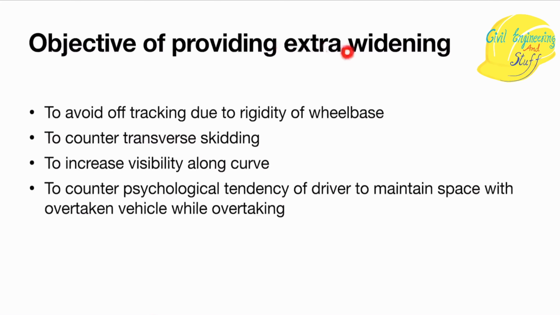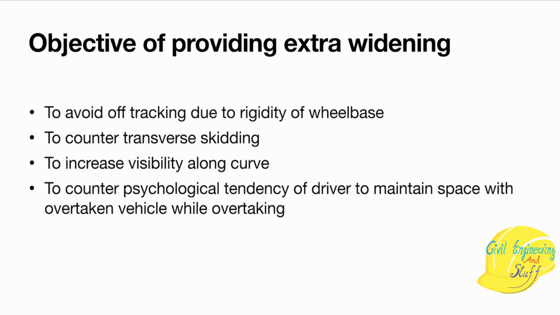So your extra widening basically has two main parameters. The first is mechanical widening, that is to counter the rigidity of the wheelbase, and the second is psychological widening, right?